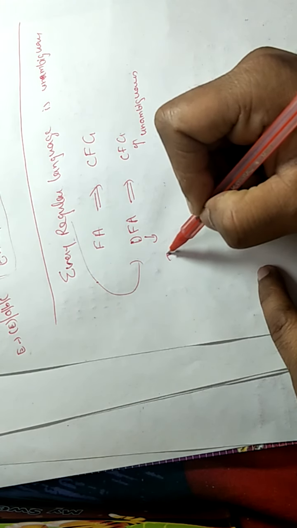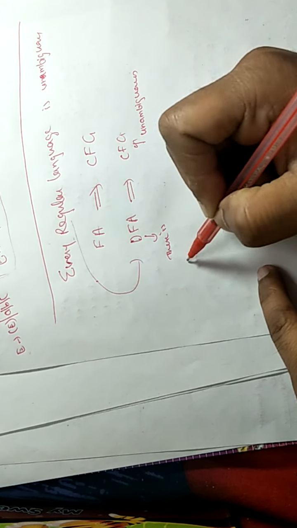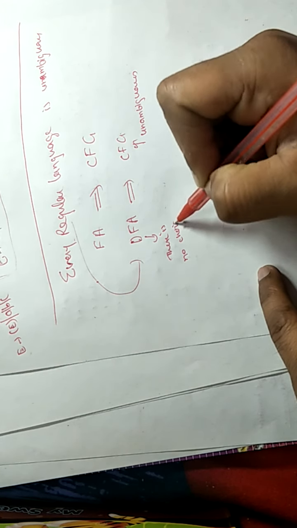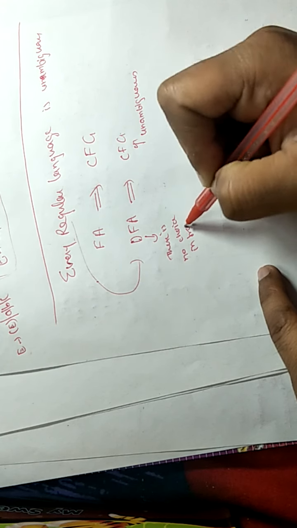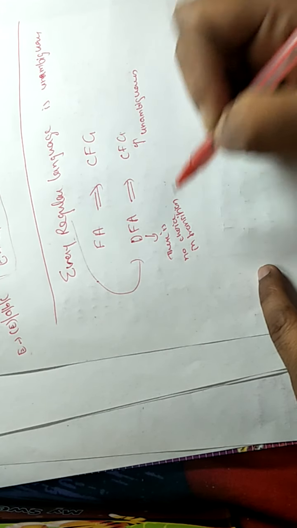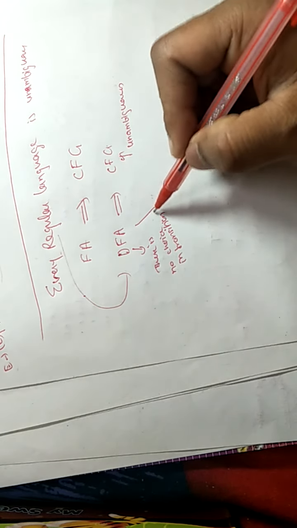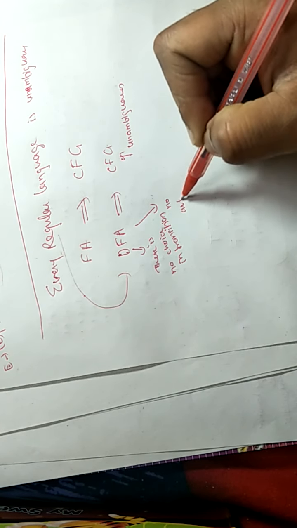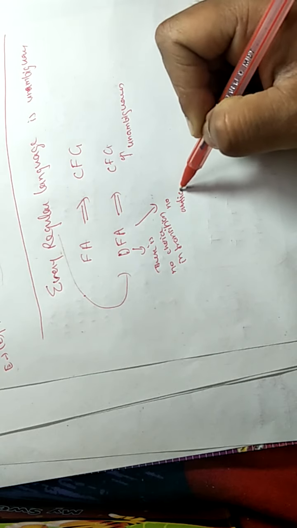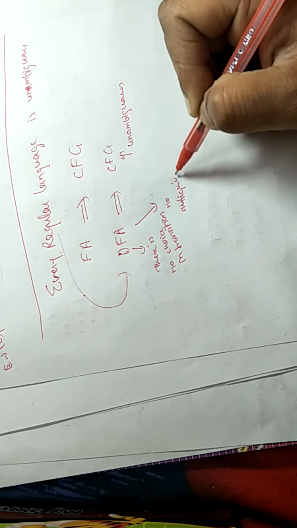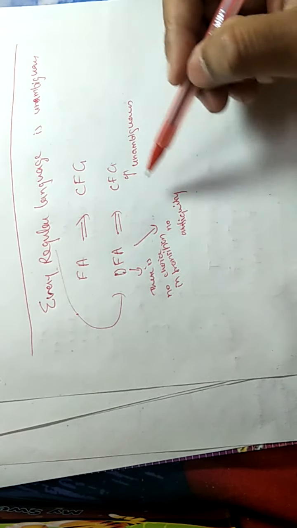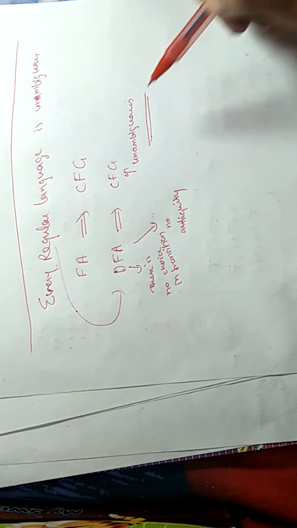In a DFA there are no choices in transitions. We cannot have two transitions for the same symbol A. Similarly, there is no ambiguity while we convert a DFA to a CFG. It will result in an unambiguous grammar.